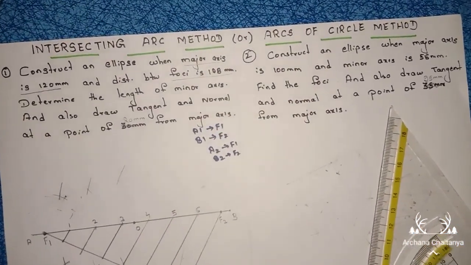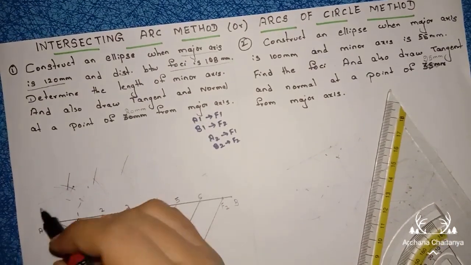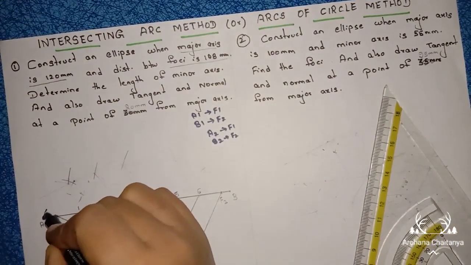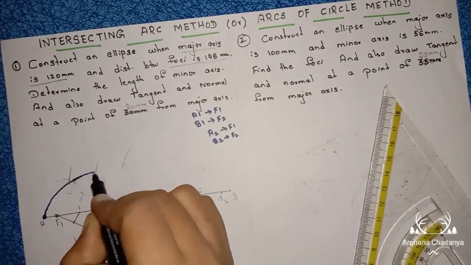So if you join all those arcs, you will get the shape of the ellipse.